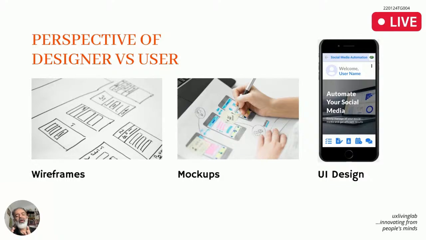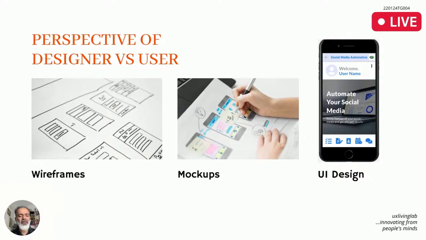After completing the wireframe, you can go to mockups, and with mockups, you can go to the same persona of the user and do it again. Then finalize your mockups. Then do the UI design, and the interactive design also. You can go to the user having the same persona, and test and learn from the user.